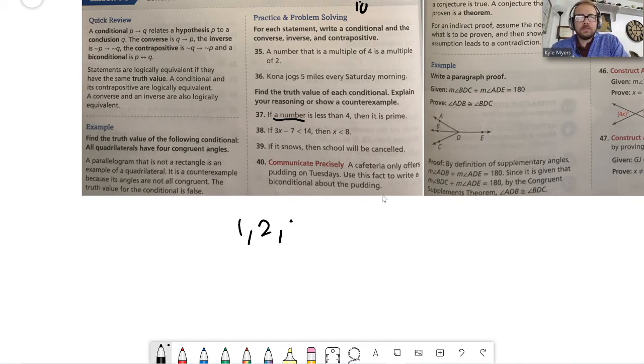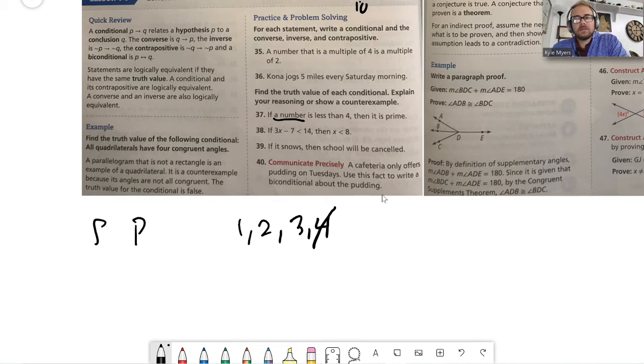So 1, 2, 3, 4, and so on. Those would be natural numbers. And yes, out of all the natural numbers that are less than 4, those are prime.